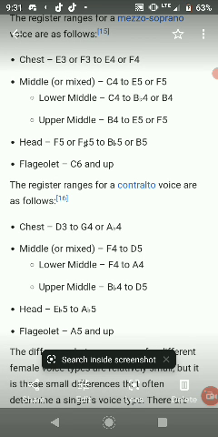Oh, oops, I'm reading the wrong one. That was mezzo soprano. I was like, that's a little high. No, that's actually contralto right here.